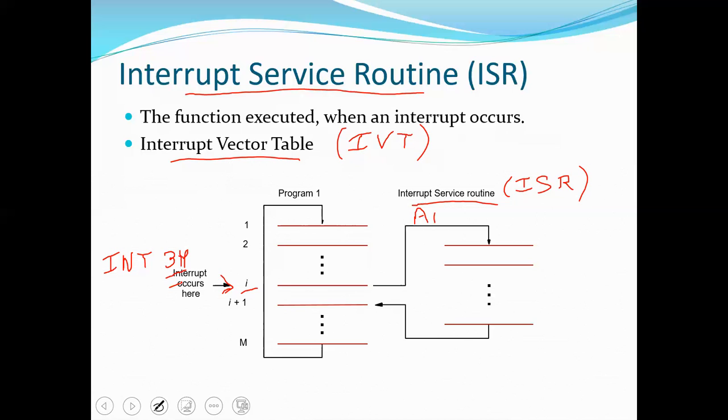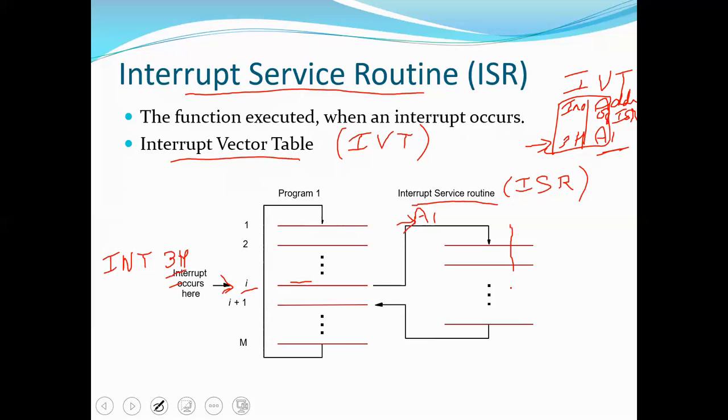So whenever an interrupt occurs, immediately the control moves to the IVT, the interrupt vector table, which consists of two columns having the interrupt number and the corresponding address of the interrupt service routine. So 3h is mapped to a location A1. When this interrupt occurs, the interrupt vector table tells it to go to location A1, and it goes to location A1.